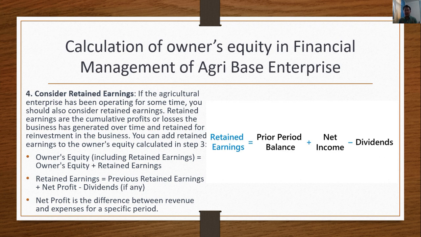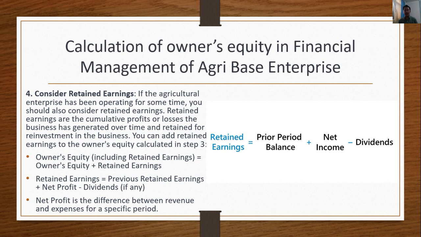You can add retained earnings to the owner's equity calculated in step 3. Okay? So owner's equity including retained earnings is owner's equity plus retained earnings.